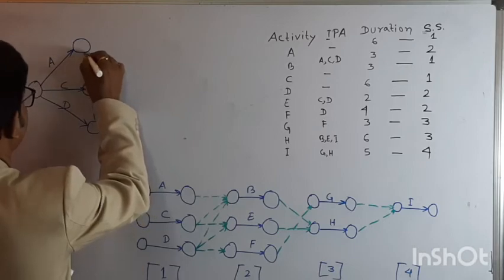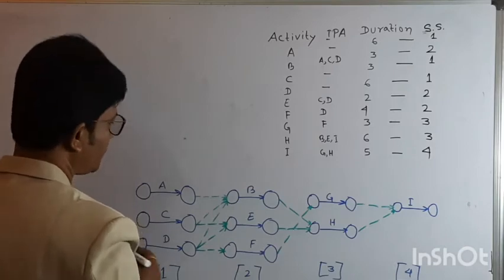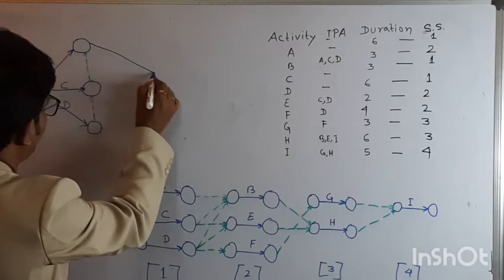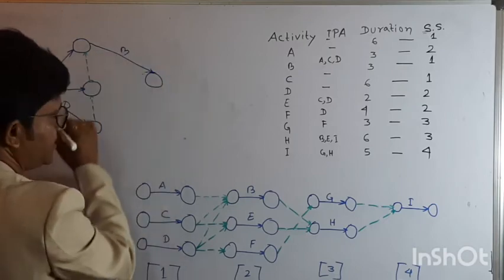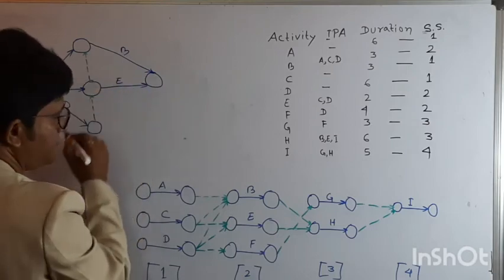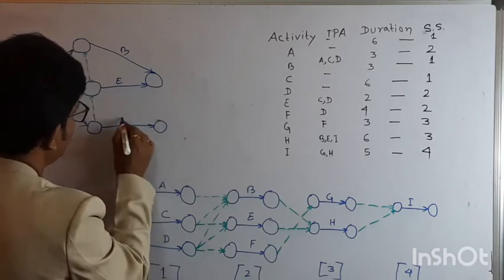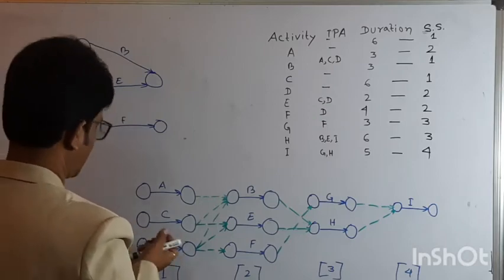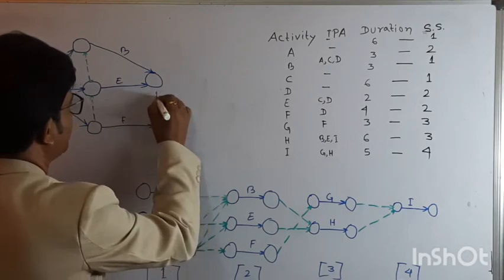Now let's move to another activity. This is activity B, this is activity E, and this is activity F. Let's connect E and F by means of a dummy activity.